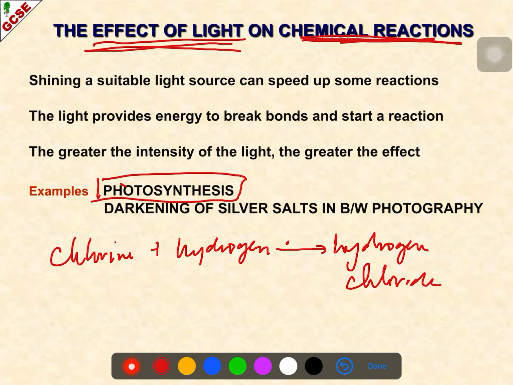For this to happen, you need to have light. But not all reactions require light. Very, very few reactions require light. But this is one way to increase the rate of reaction. So for example, in this reaction, without light, they will never react. They will probably react after a million years.